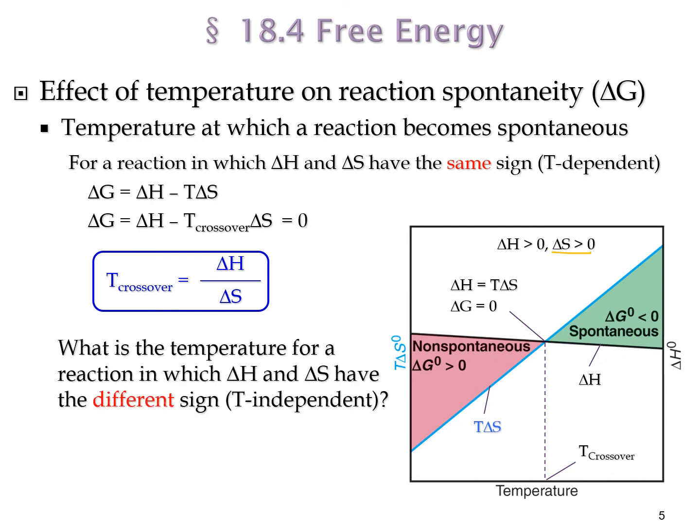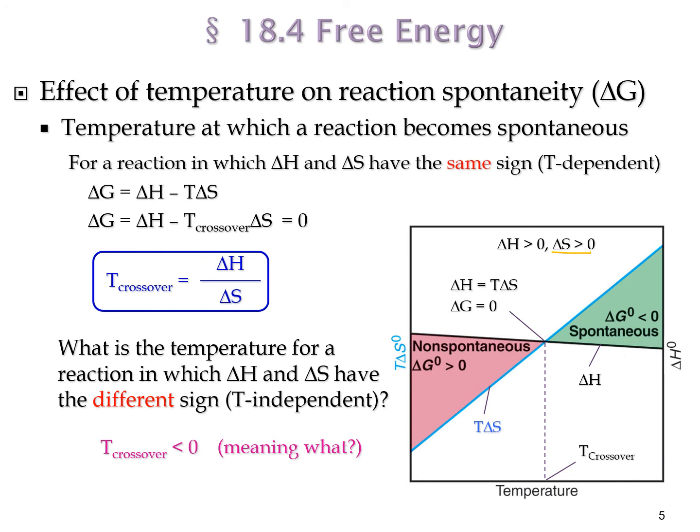But what happens if we have a process where delta H and delta S have different signs? Remember, this process is what we call temperature independent. So let's pick delta H positive, delta S negative. Positive divided by a negative, we wind up with a negative value of temperature. What does that mean?